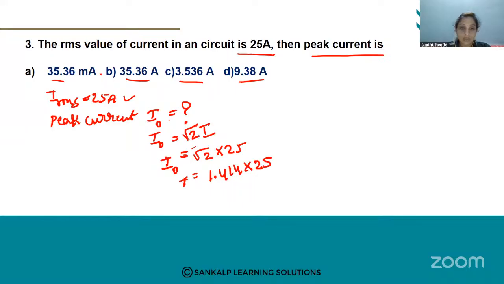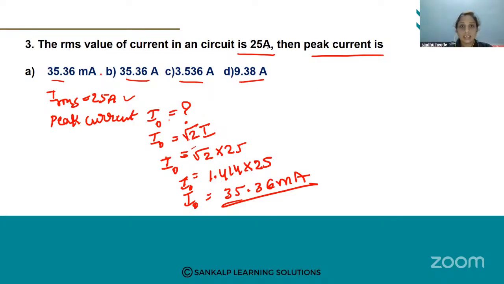Multiply 1.414 into 25. Finally, you get 35.36 milliampere. This is the answer, 35.36 milliampere.